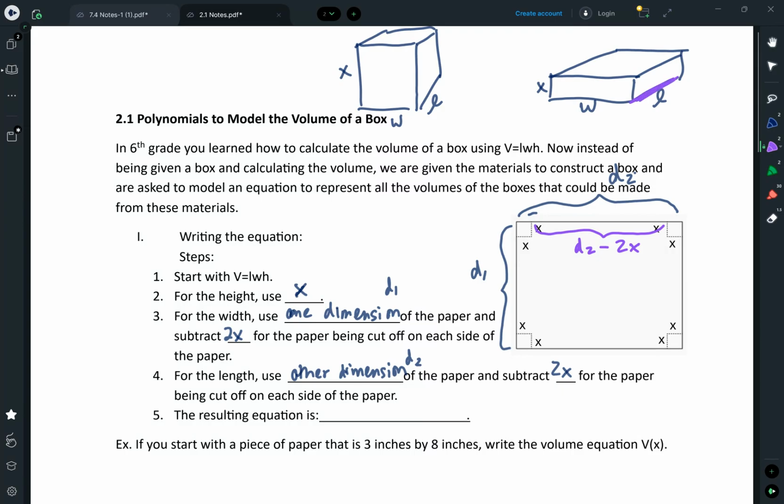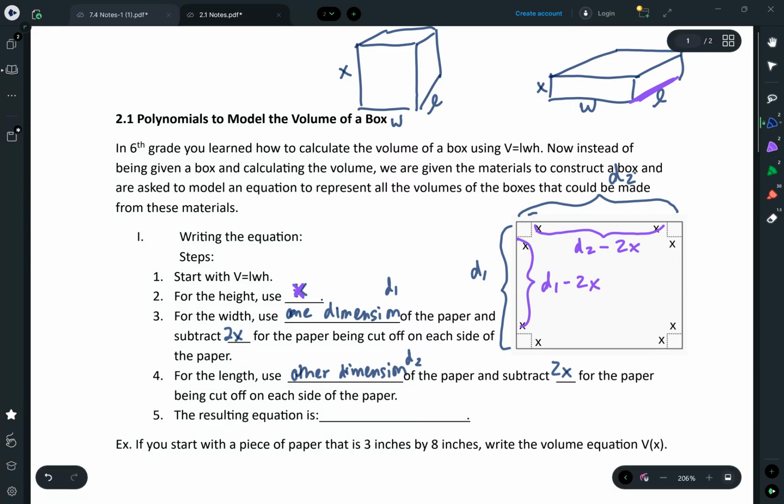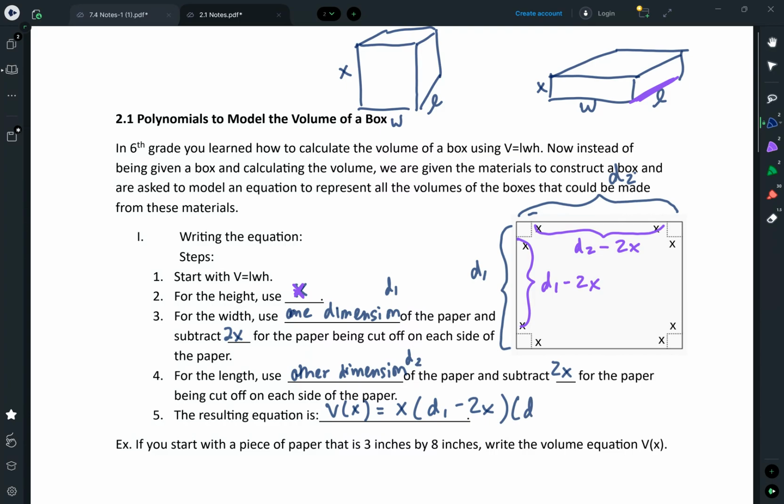And then when I'm looking at my width, it's not the entire D1, right? We said it's D1 minus the 2x. And then my height, I've already decided I'm using x. Those are my three dimensions. Those are my length times my width times my height. So in order to write an equation for volume, I would say my volume is x times D1 minus 2x times D2 minus 2x. That's how I'd write that out.